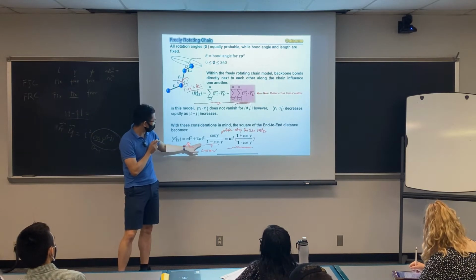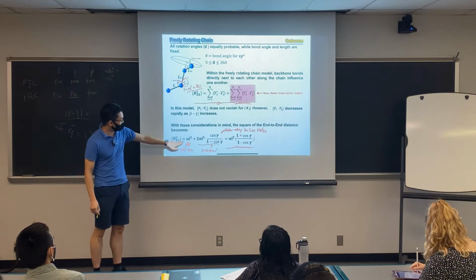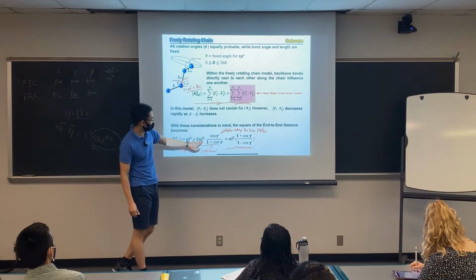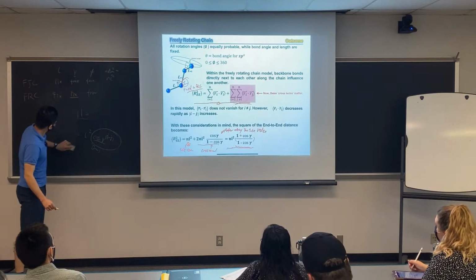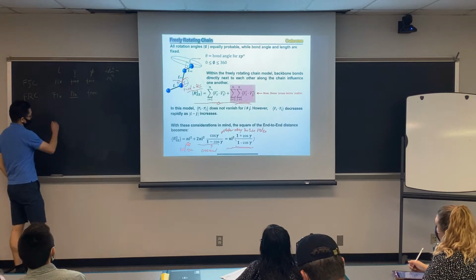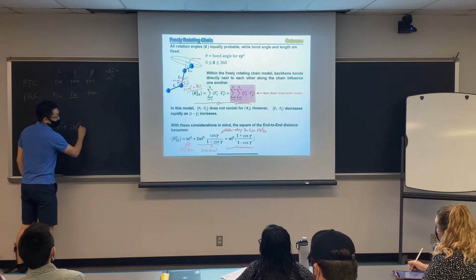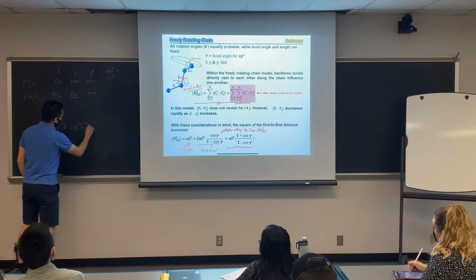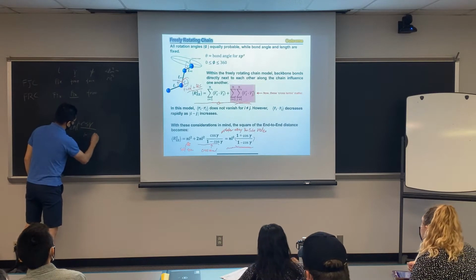But how do we add them together? So we basically can add this equation together with this one. You would have NL squared plus 2NL squared cosine theta, let's call it beta, 1 minus cosine beta.